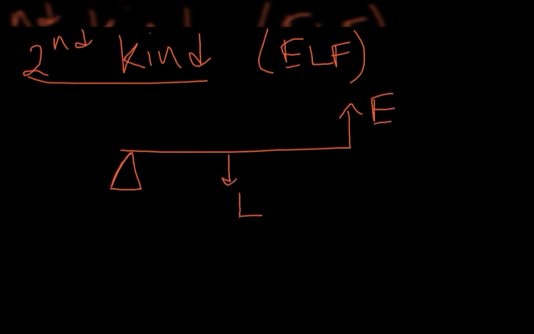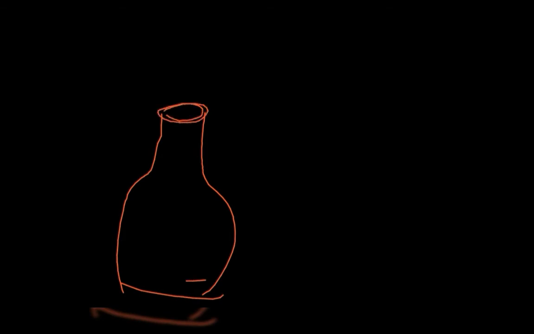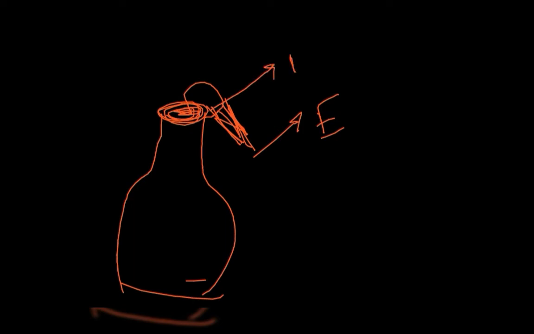For example, a bottle cap opener. Let's say here is the bottle, I can't draw so well. Here is the cap. You apply an effort here, the load is in the middle, and this is the fulcrum.